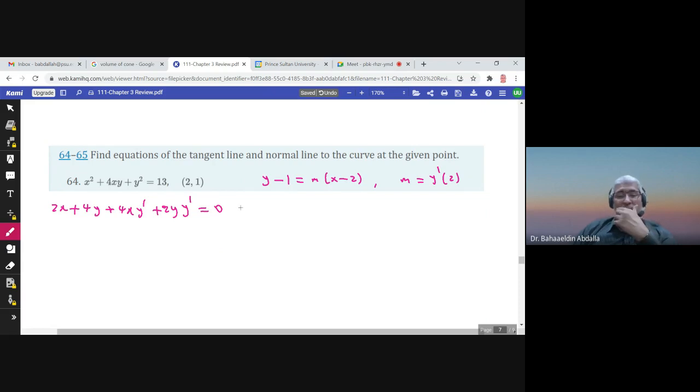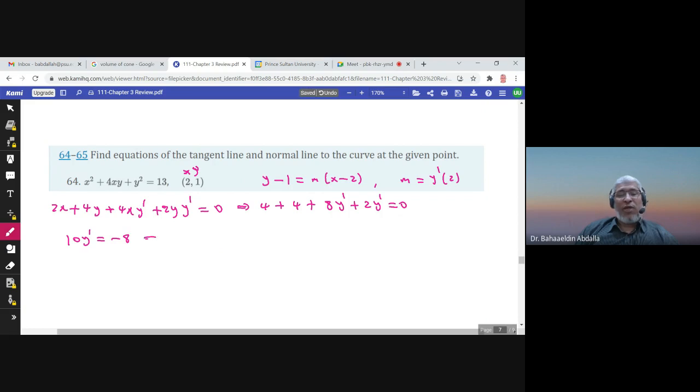Now to find y prime, I need to replace x by 2 and y by 1 because I have x and y here. So if x is 2, I have 4, plus y is 1, so this is another 4, plus x is 2, so 2 times 4, that's 8y prime. Y is 1, so that's 2y prime equals 0. 8y prime plus 2y prime, that's 10y prime. 4 plus 4 is 8.